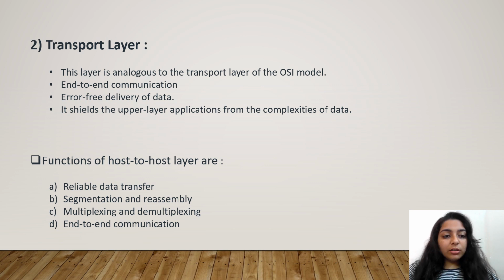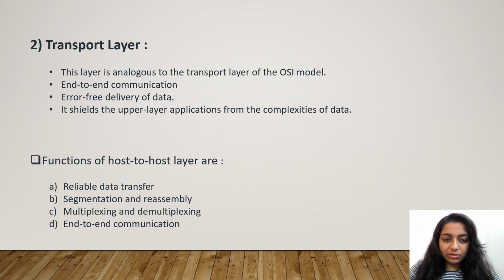The next layer is the transport layer. This layer is similar to the transport layer in the OSI model. The functionalities are similar. It provides end-to-end communication and also error-free delivery of data. It shields the upper layers of the applications from the complexities of data.